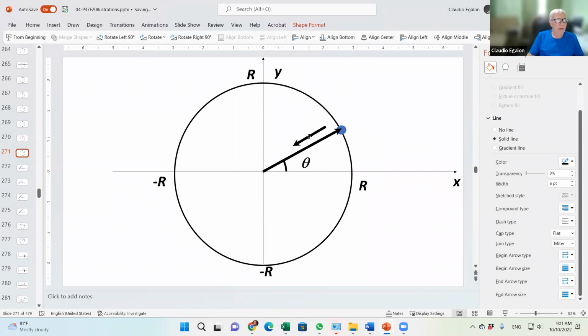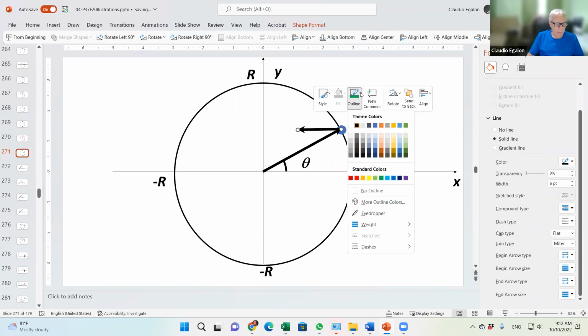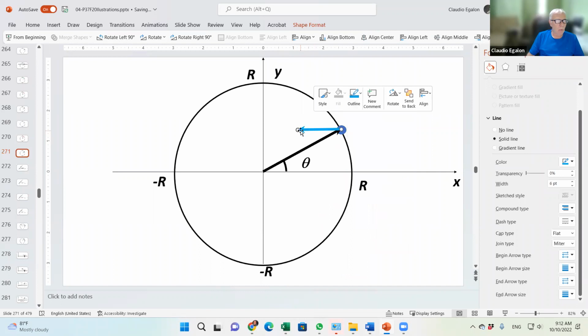Because what we have here is uniform circular motion, there will not be any acceleration component along the tangential direction. All of the acceleration vector will have a component along the radial direction, not the radial direction, but against the radial direction. I'm going to put that with a different color as well. It's going to be blue.